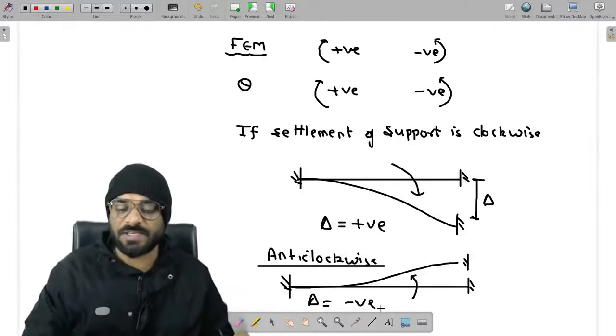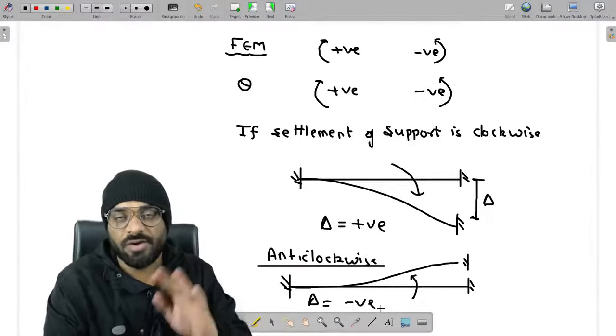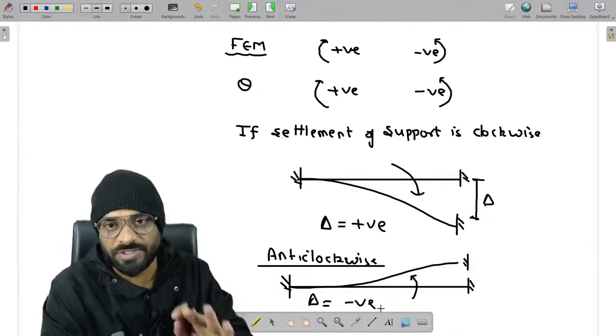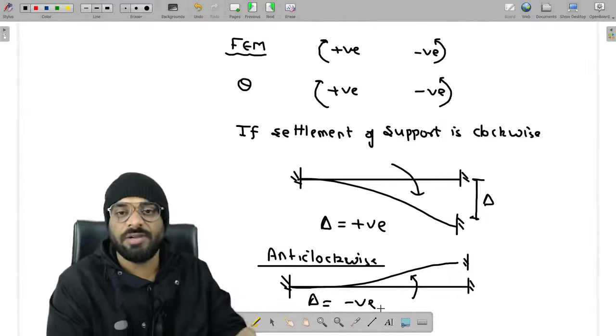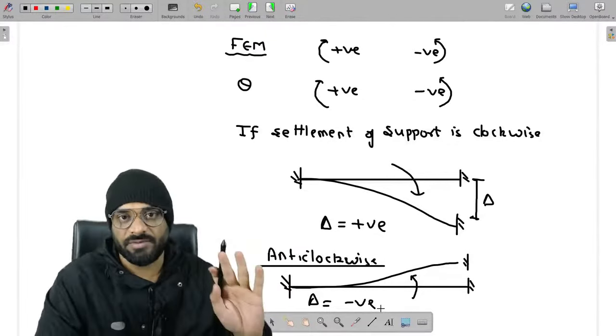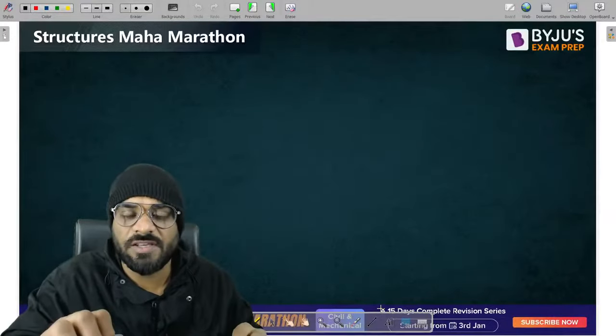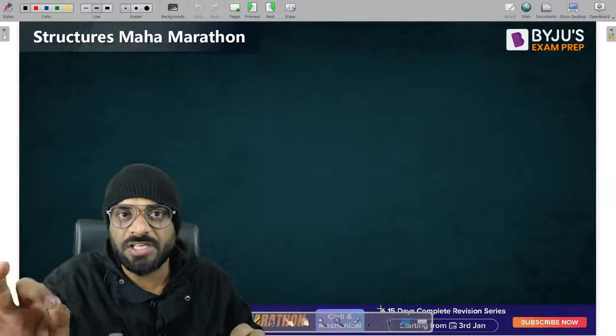Please remember these signs, very important. Fixed end moment: clockwise positive, anti-clockwise negative. Theta: clockwise positive, anti-clockwise negative. Settlement: clockwise delta positive, anti-clockwise delta negative. Very simple. Next, how can we write down the joint equilibrium equation?